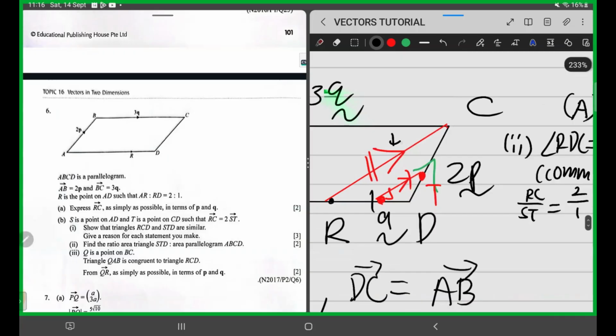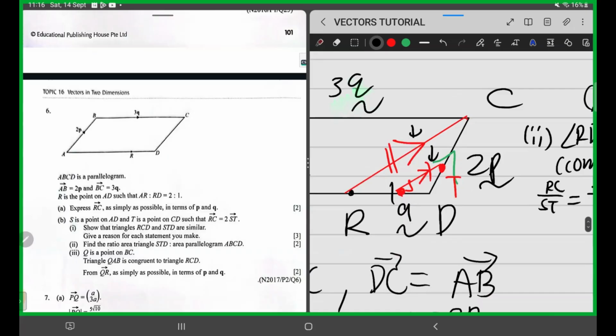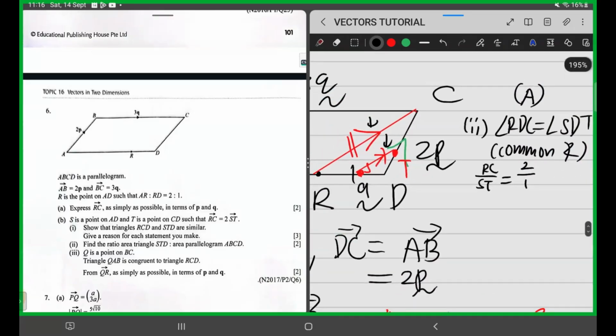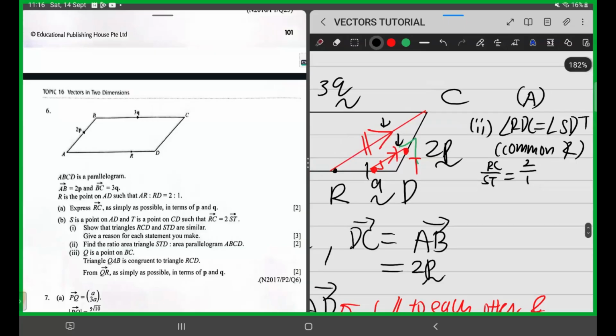So we know the ratio of this length. Is there any other thing that we can use to help us with this? So one is we can use AA, we can use SAS, or we can use SSS. So now we have found the common angle. We just need to prove another side is equal.